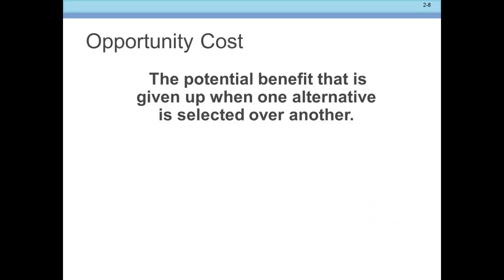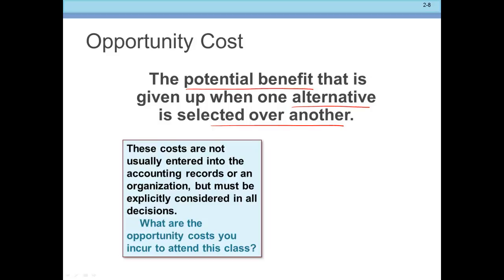Another type of cost to consider in decision-making is the opportunity cost. This cost is a potential benefit that is given up when one alternative is selected over another. These costs are not usually entered into the accounting records of an organization, but must be explicitly considered in all other decisions. So, for example, instead of going to college, I could be earning $50,000 per year working retail.